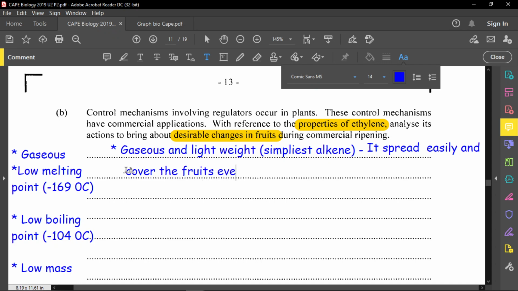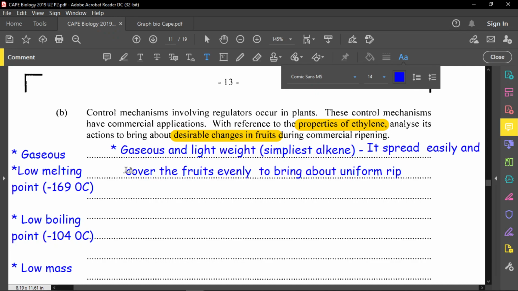evenly. So they end up moving very fast and end up covering the fruits that you want to ripen evenly, to bring about uniform ripening.